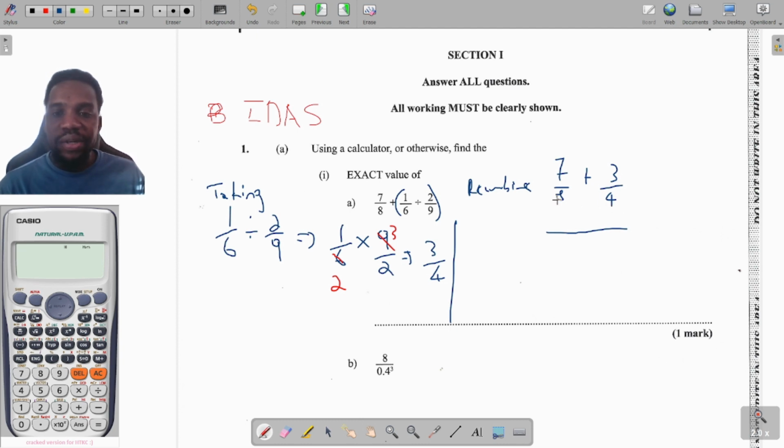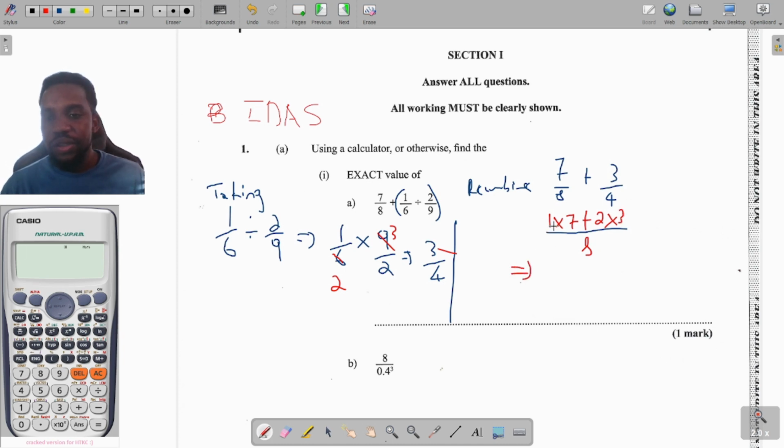But since 4 can go into 8, automatically, my LCM is 8, right? Now we say 8 into 8, of course, goes 1 time. And of course, we use that one to multiply my numerator, which is 7. The addition sign comes back, of course, right? And we say 4 into 8 goes 2 times. And we use that 2 to multiply the numerator, which is 3.